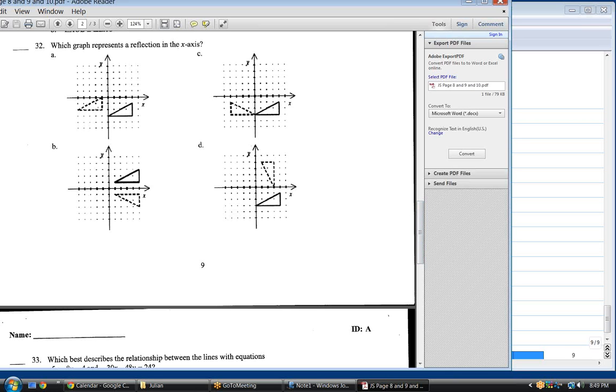A. No, a translation. Translation, exactly. What's D called? A rotation. Good. A rotation and a translation, because if you merely rotate this, it doesn't end up here. So you have to translate it and rotate it.